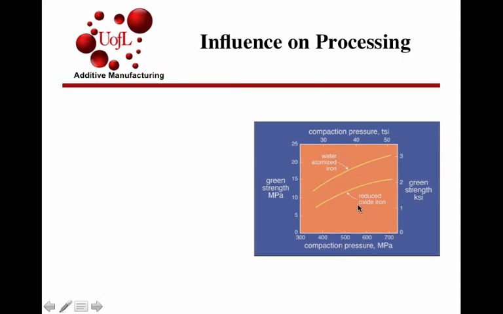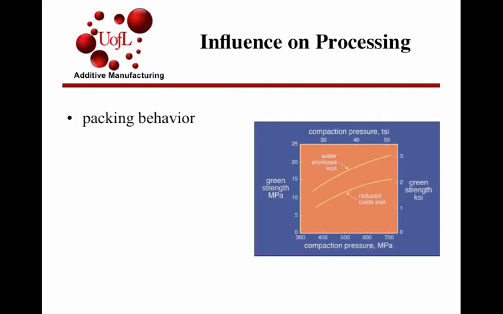One is a reduced oxide iron and the other is a water atomized iron powder. They have completely different powder attributes. You can see that for any given compaction pressure, the green strength is higher for the water atomized powder as opposed to the reduced oxide iron powder. These trends in green strength correlate with increase in the compaction density as a function of increased compaction pressure.